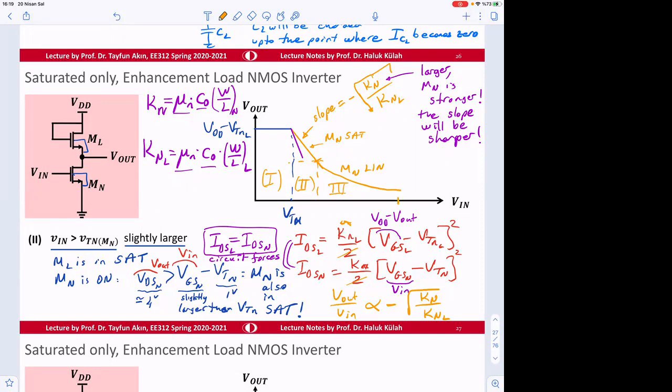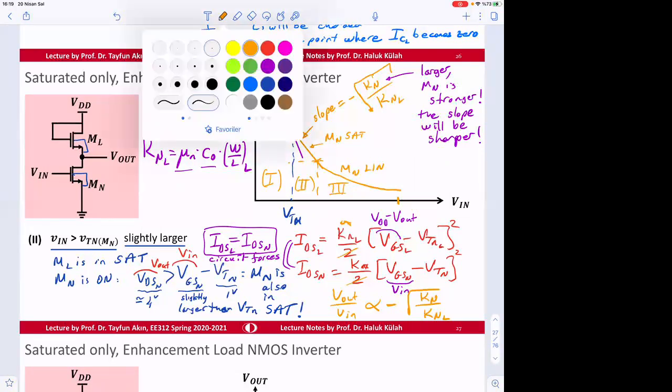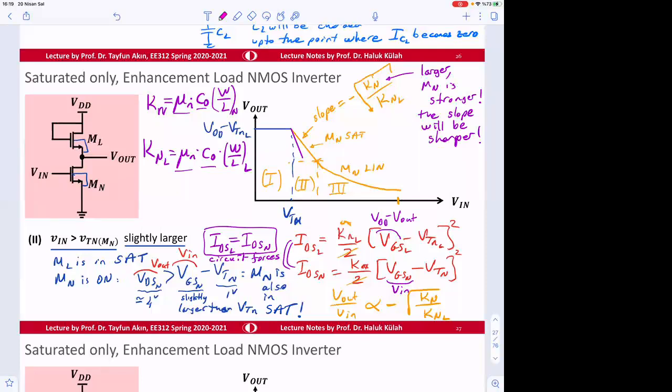So as per the definition again, if the input is V output high, maybe I should change that in color. If the input is V output high, the corresponding value here is going to be V output low.